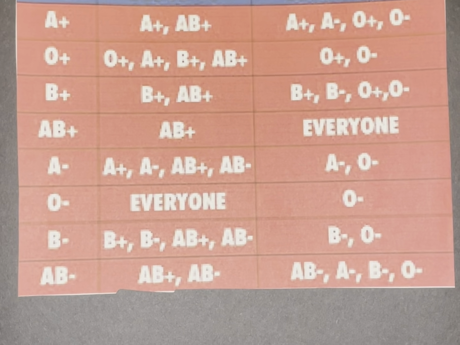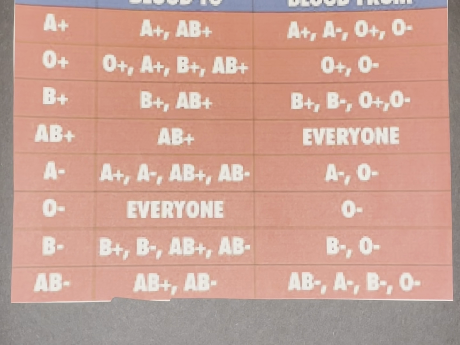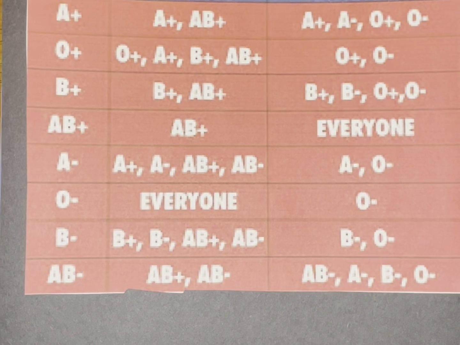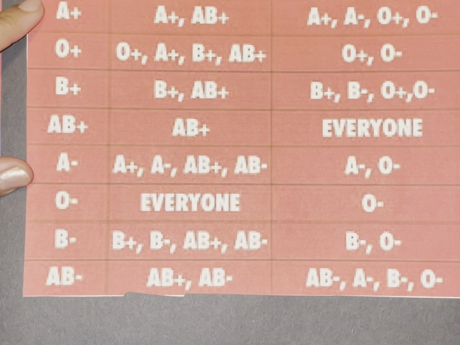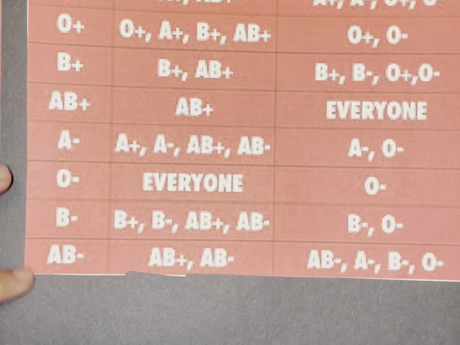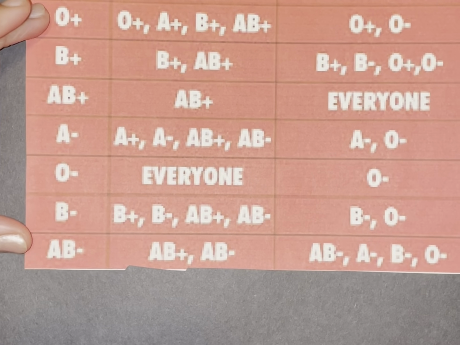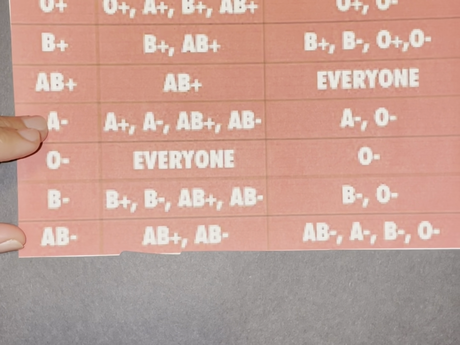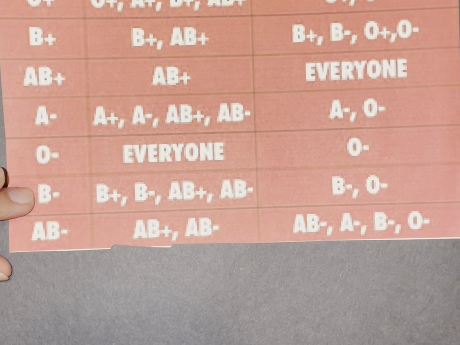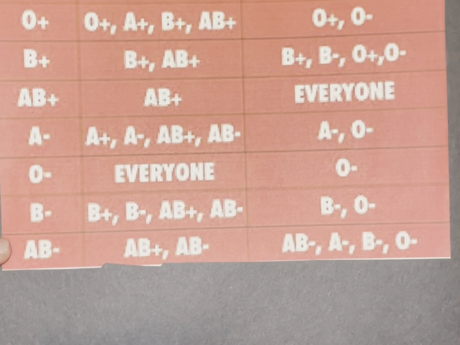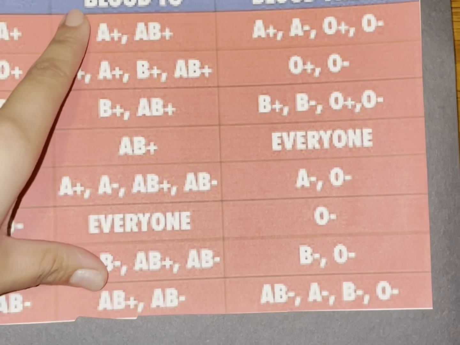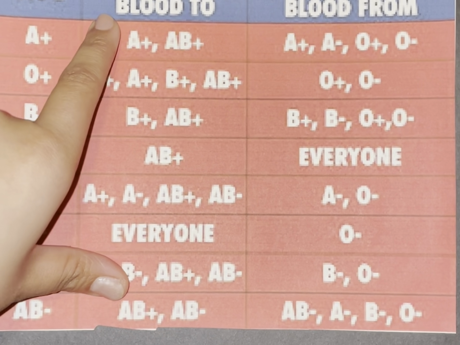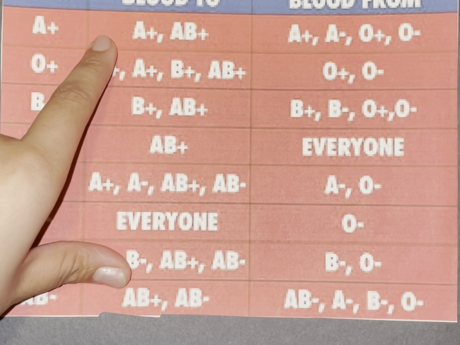To close out blood, I'd like to go over the different blood types. So here on the side, you can see that there are many different blood types: A positive, O positive, B positive, AB positive, A negative, O negative, B negative, as well as AB negative. The second row here shows who you can give blood to.